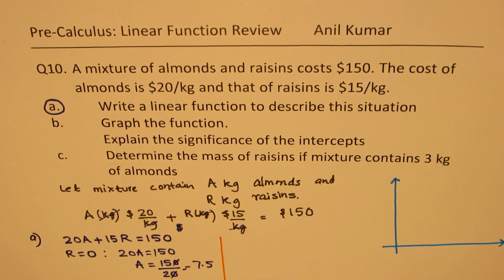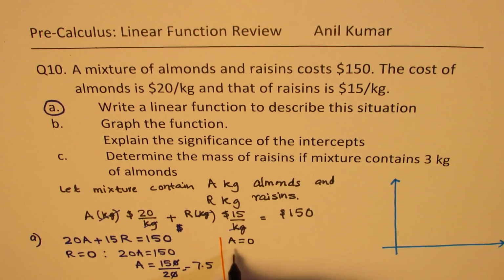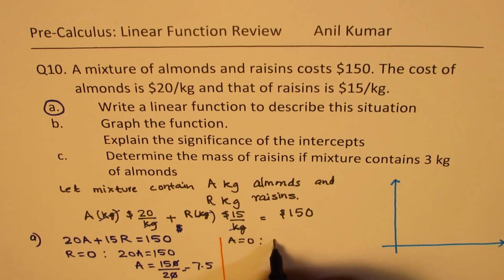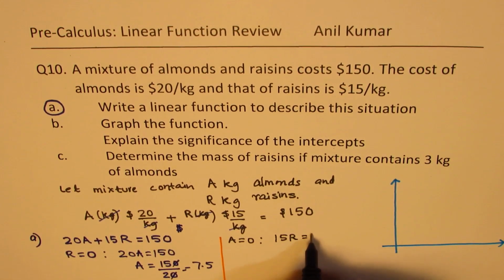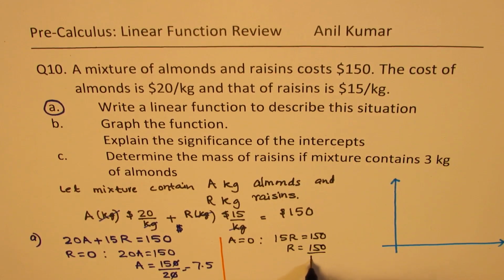Similarly, we can also substitute the value of almonds as 0. If almonds equals 0, in that case 15R equals 150, or R equals 150 over 15, which is 10.